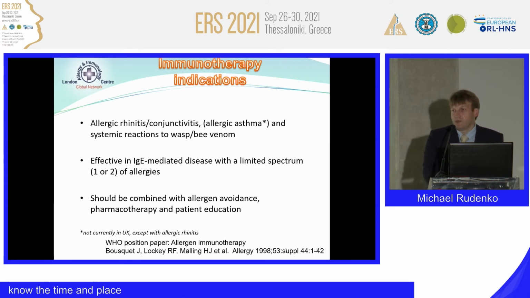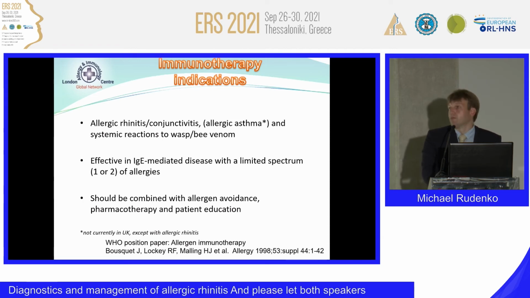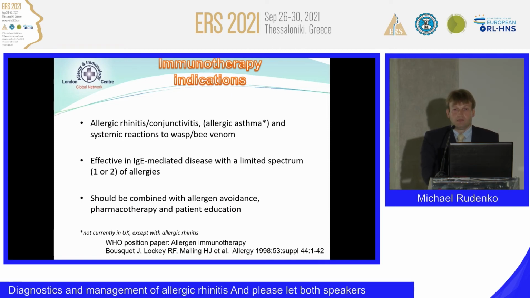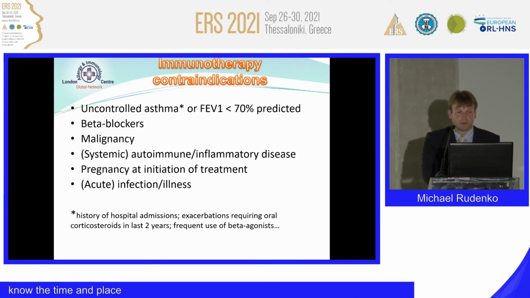We need confirmation that this is an IgE-mediated problem with a skin prick test or with a specific IgE test. And obviously avoidance is a very important advice that we can give to the patients if this is possible.